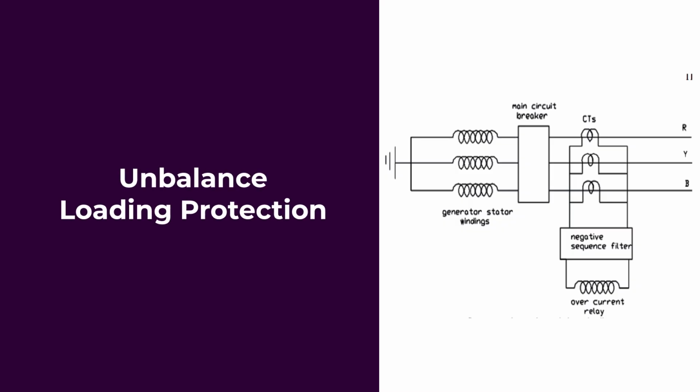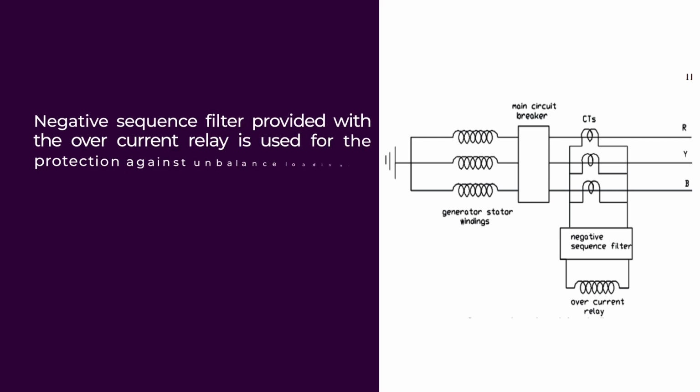For protection against unbalanced loading, a negative sequence filter provided with an overcurrent relay is used. In this type of protection, 3 CTs are connected to the 3 phases and the output from the secondary of the CTs feeds the coil of the overcurrent relay through the negative sequence filter.